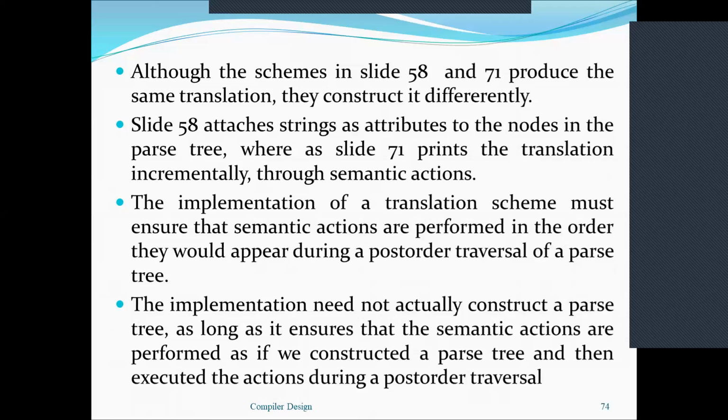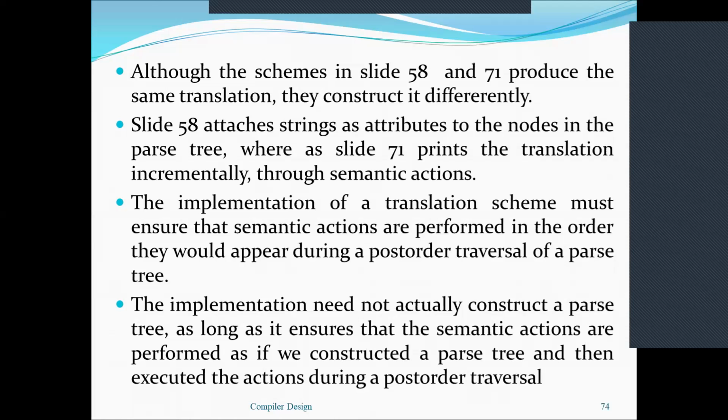The implementation of a translation scheme must ensure that semantic actions are performed in the order they would appear during a post-order traversal of a parse tree. So the implementation need not actually construct a parse tree, as long as it ensures that semantic actions are performed as if we constructed a parse tree and then executed the actions during a post-order traversal.